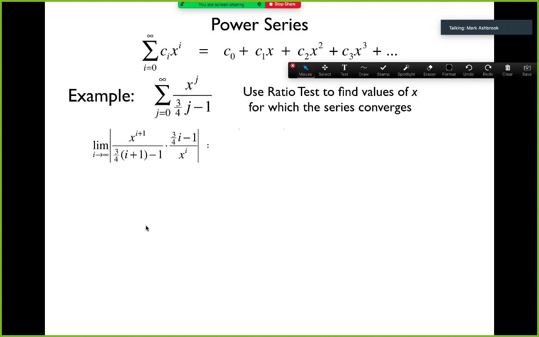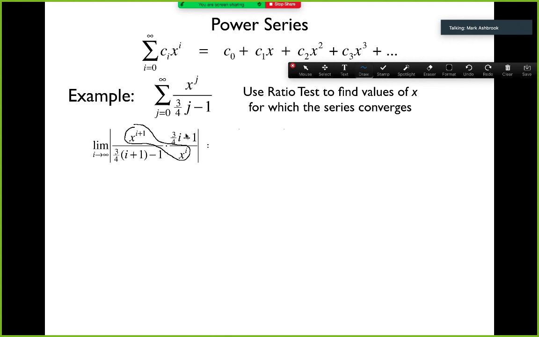Okay, and so then we're going to look at our like things here. We can combine the x to the i plus 1 over x to the i. And what does that equal? x. That's 1 x on the top, right? So this is i plus 1 x's multiplied together, and i x's multiplied together, so there's one more x in the top.